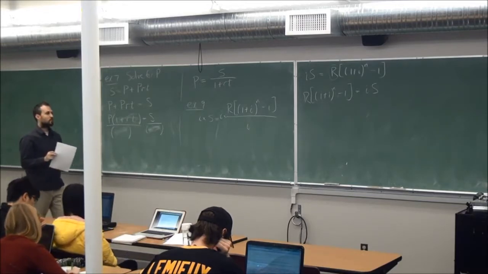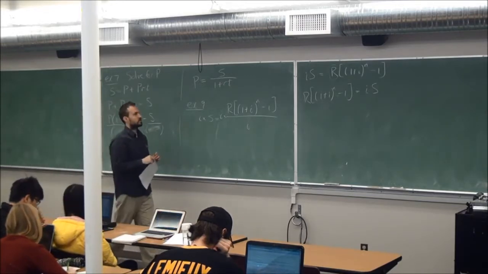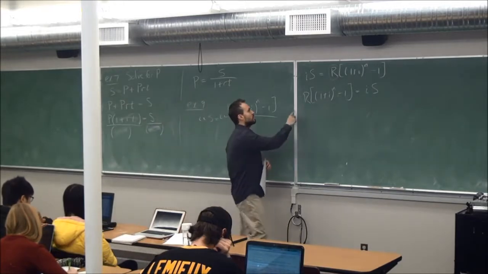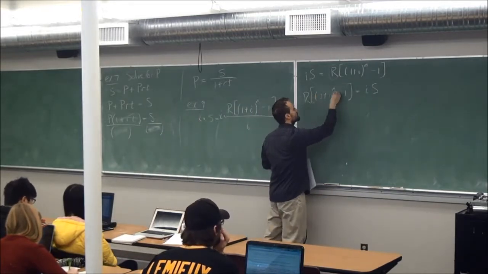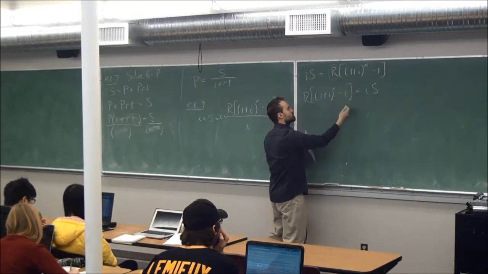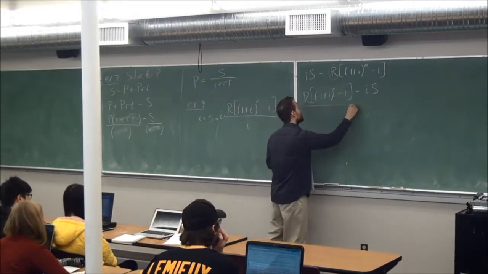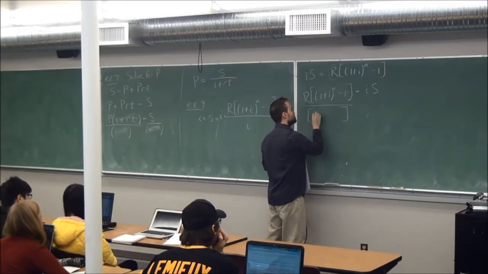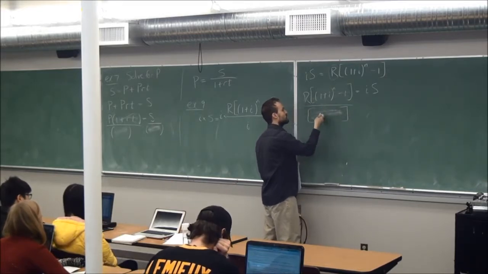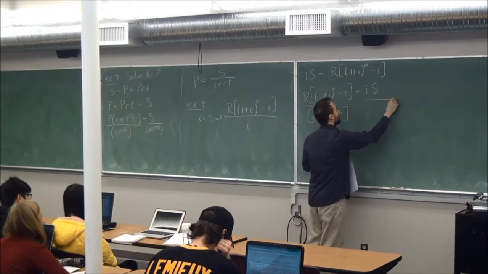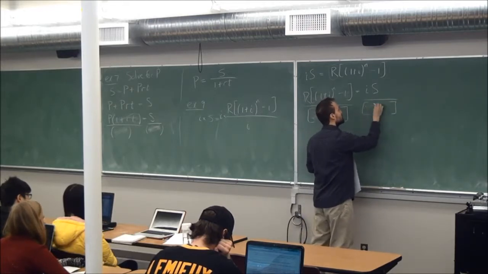It doesn't matter how complicated or messy that equation looks. It's still R times something enclosed in these square brackets. So what I can do is divide by that something. It doesn't matter what's inside, but I have to do it on both sides.